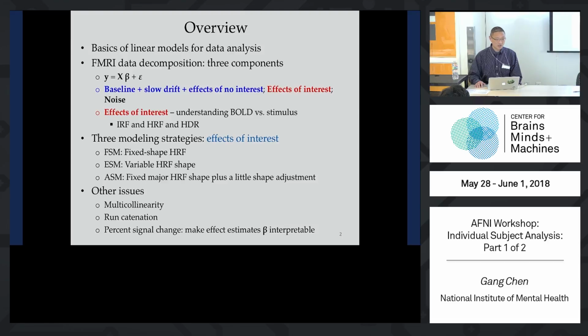That's not just the interpretation from a conceptual perspective, but also from a modeling perspective: you do want your betas compatible across different subjects and across brain regions. Otherwise, if the betas are not interpretable, why do you need to do group analysis, right? So that's something we will talk about. That's basically the big picture of this talk.